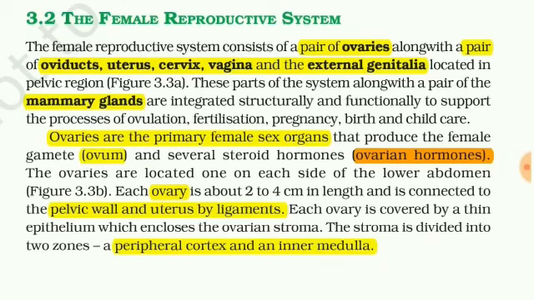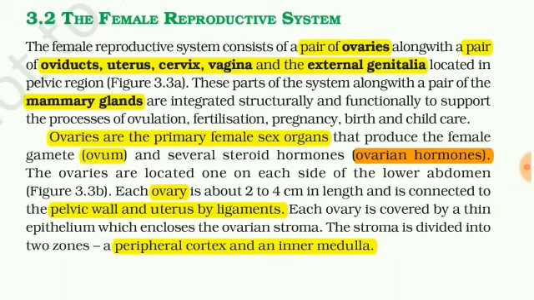The ovary is the main primary female sex organ. It produces the ovum, that is the female gamete, and several steroidal hormones, the ovarian hormones like estrogen and progesterone.